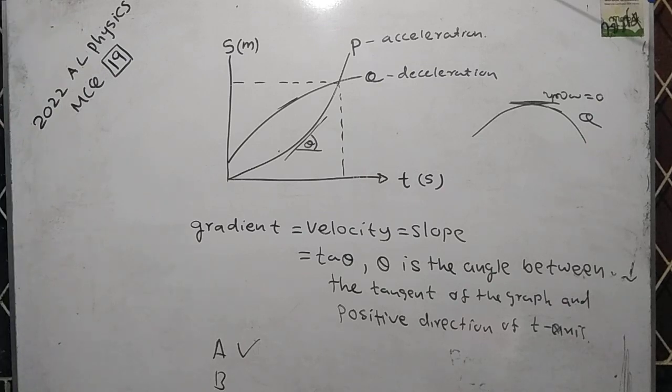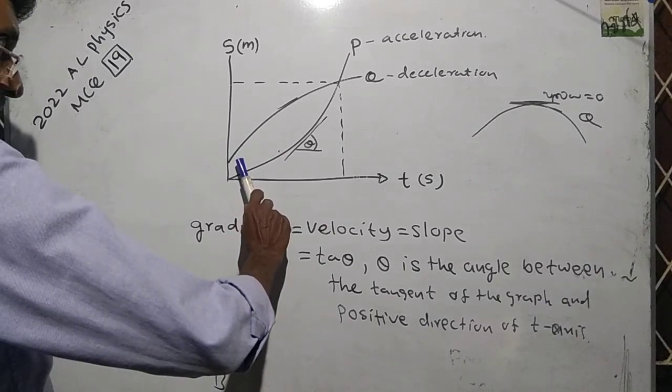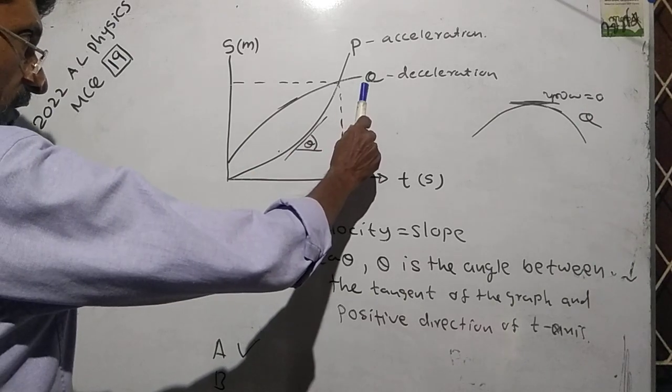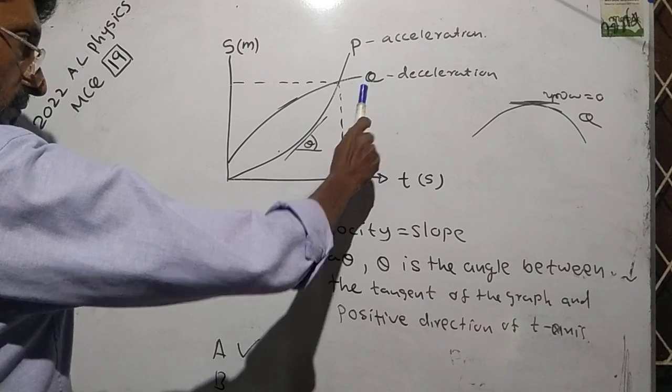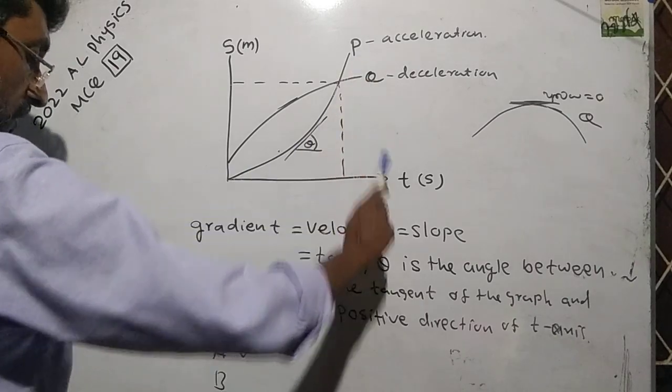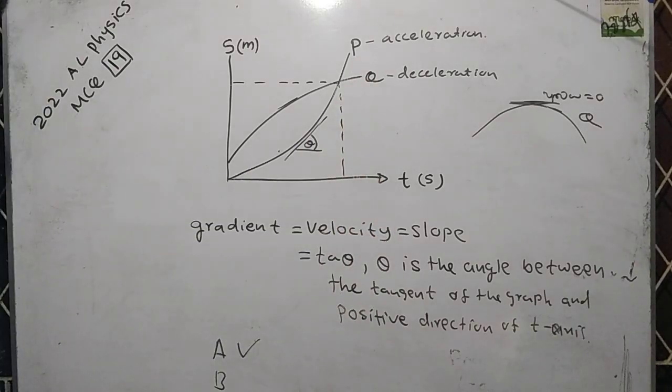B, velocities of both objects increase with time. It's wrong because Q has a deceleration, therefore its velocity decreases with time. P has acceleration, its velocity increases. B is wrong.